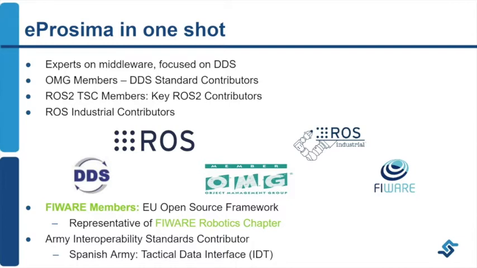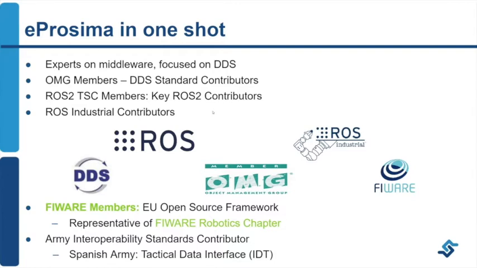We are members of the Technical Steering Committee of ROS 2. ROS 2 is the latest version of the Robot Operating System, and we are key contributors of ROS, as you are going to see in this presentation. We are also contributors of ROS Industrial, and we are FIWARE members and the representatives of the FIWARE Robotics chapter.